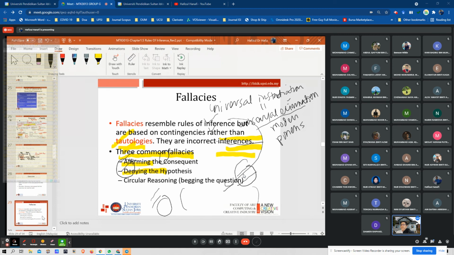And then we have fallacies. They resemble rules of inference, but are based on contingencies rather than tautologies. They are incorrect inferences. Three common fallacies: affirming the consequent, denying the hypothesis, and circular reasoning, begging the question. You question why it happened.